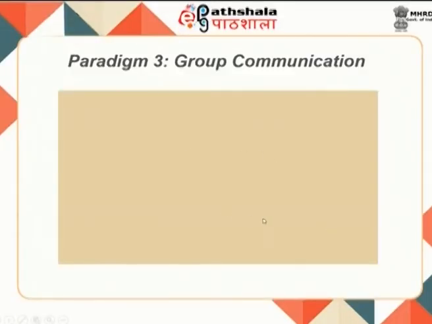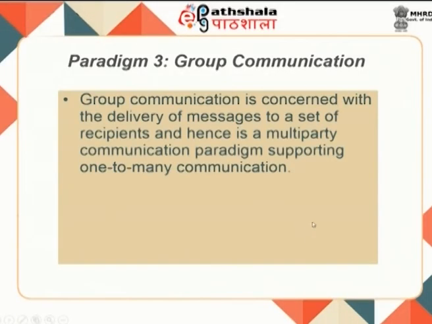The third paradigm is group communication. In group communication, the sender may be one, but the receivers may be a number of processes running in different machines, and this one process is sending a message to a group.